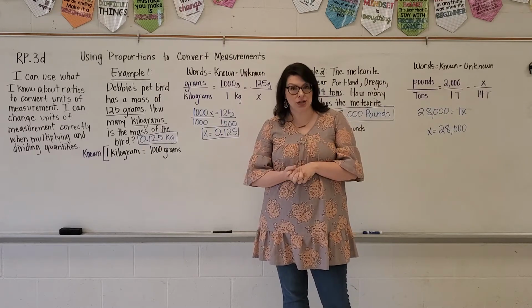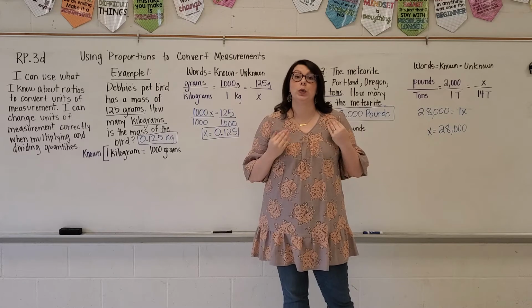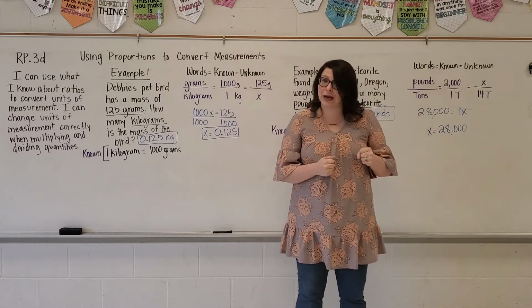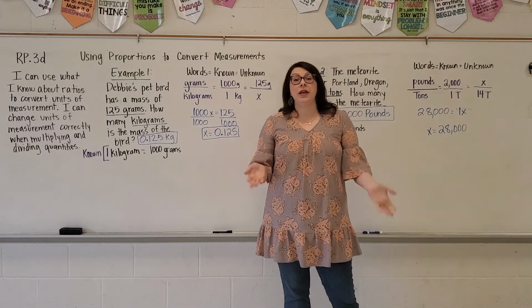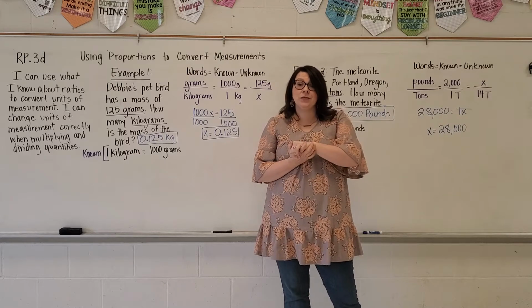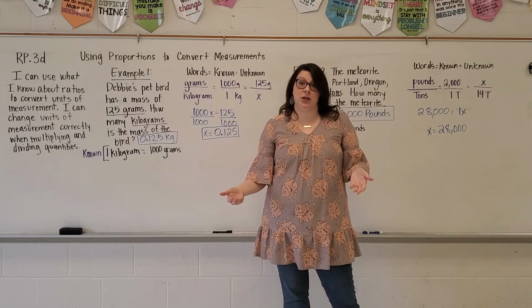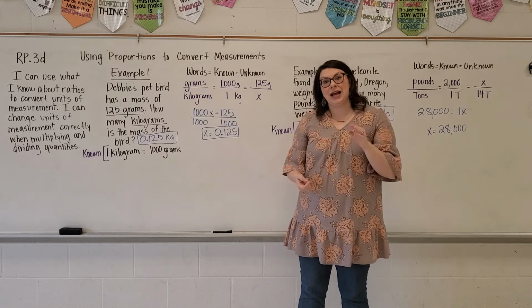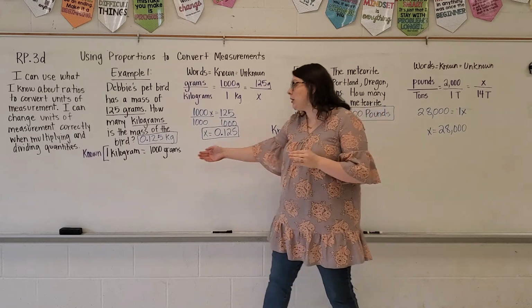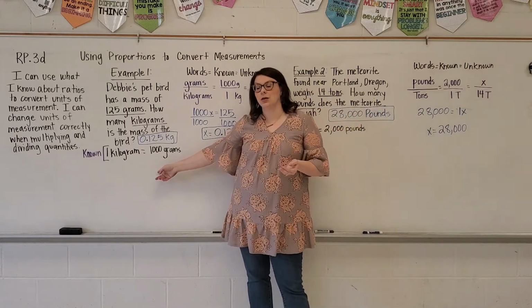So in conversions, if we know the original rate of conversion, then we can use that to convert it to any other measurement that we need to. So you're going to see unit rates that we're going to use along the way.